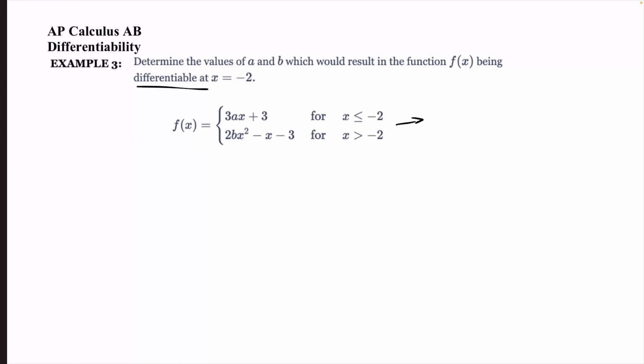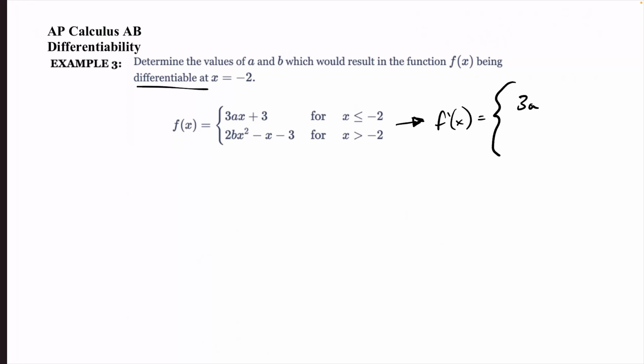Well, if you're checking differentiability, I need a derivative. So the first thing I got to do is find the derivative. What's the derivative of 3ax plus 3? 3a, yeah, 3a, because A and B are not variables, they're numbers.